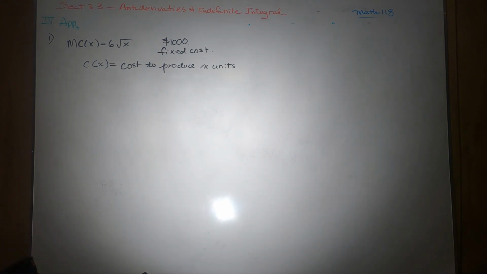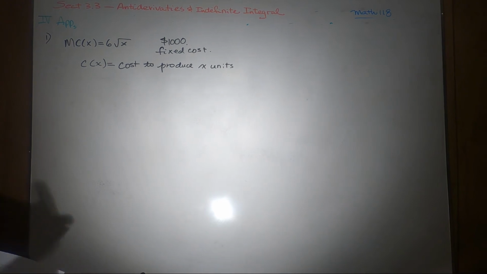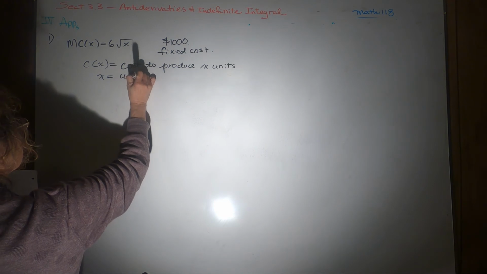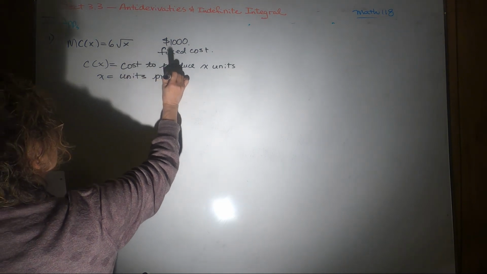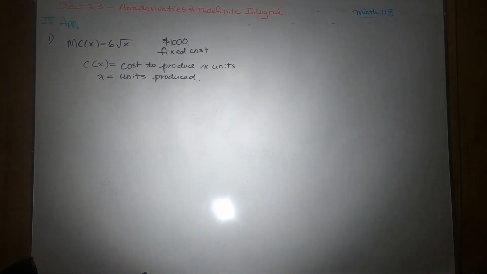If X is 100, that means the total cost for the 100 units, right? X is the units produced. How many of them actually are produced, right?